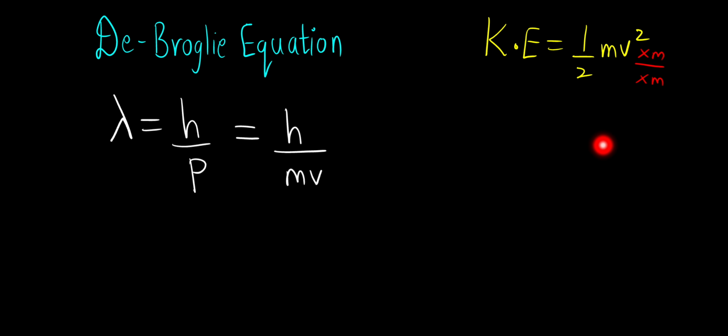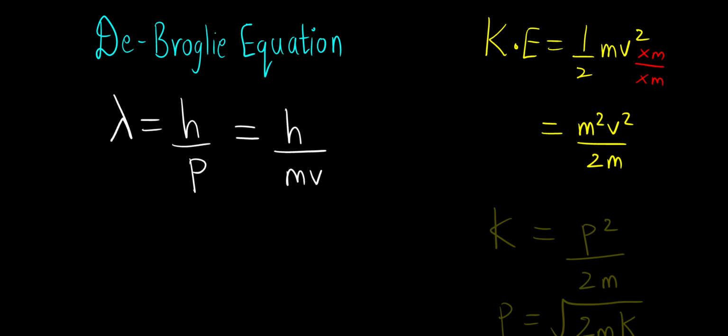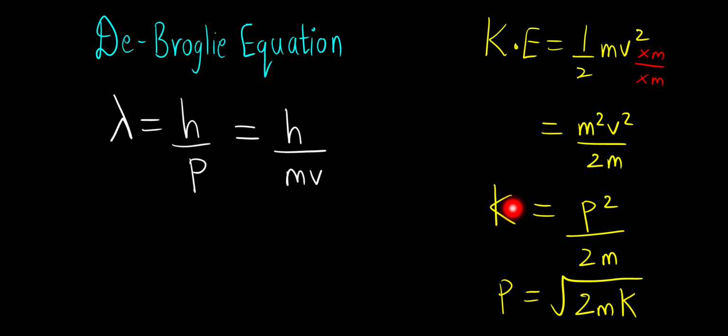Now if I multiply both numerator and denominator by m, I get m square v square by 2m. Now m square v square I can write as mv the whole square, that is nothing but p square. So p square is 2mK, and taking the square root, p is root of 2mK. If you substitute this here, we get lambda is equal to h divided by root of 2mK, where K is the kinetic energy.